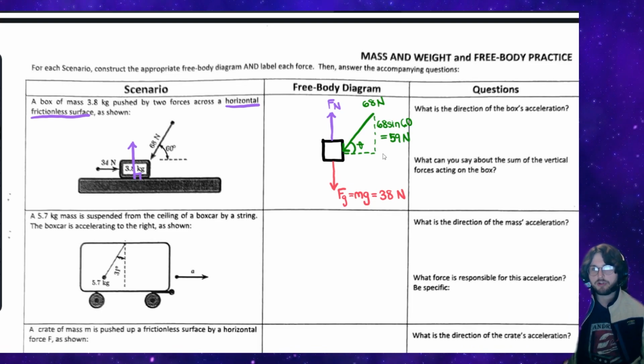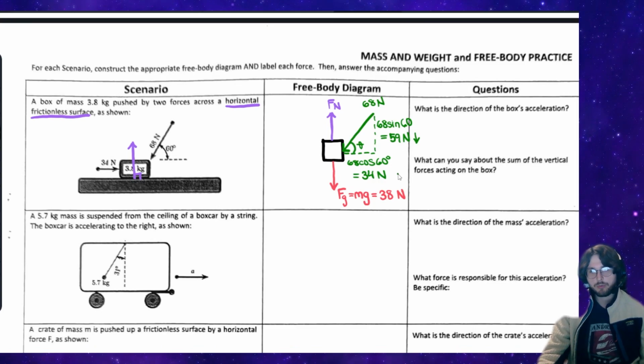And this force over here, which is to the left, is 68 cosine 60 degrees, which is roughly equal to 34 newtons. Now, before you move on, it's important to acknowledge the directions of these, because that's pretty important. So this one is going downwards, or it's negative, and this one is going leftwards, which is also negative. That'll only be important for later.